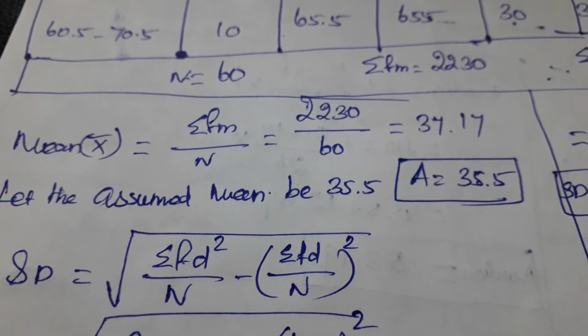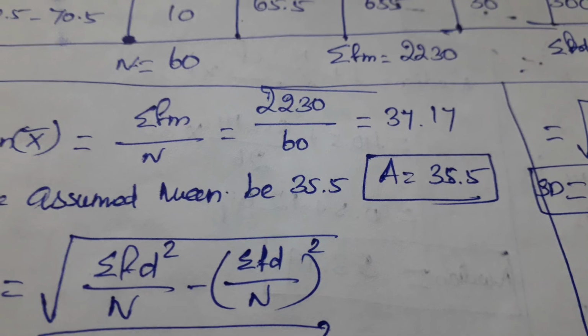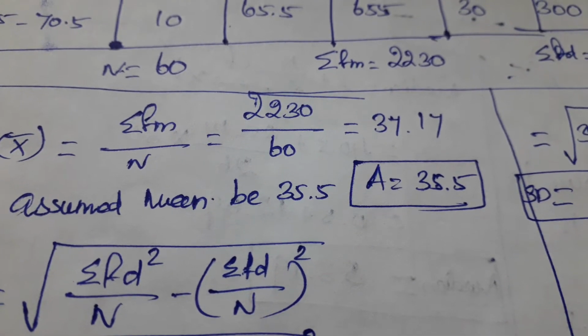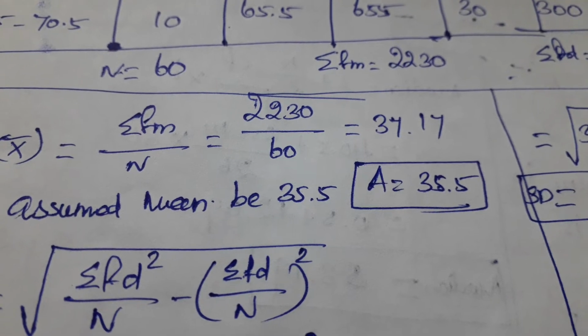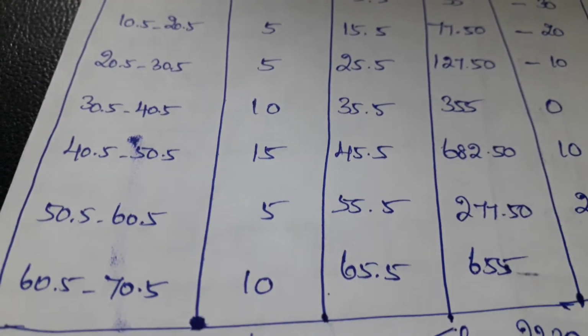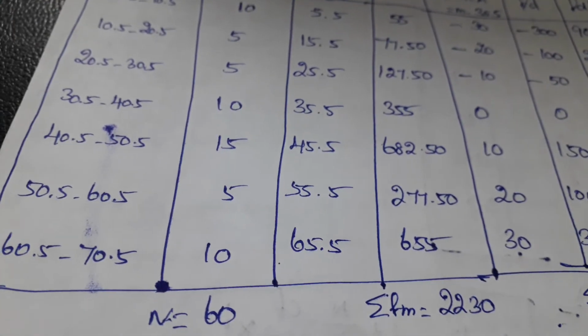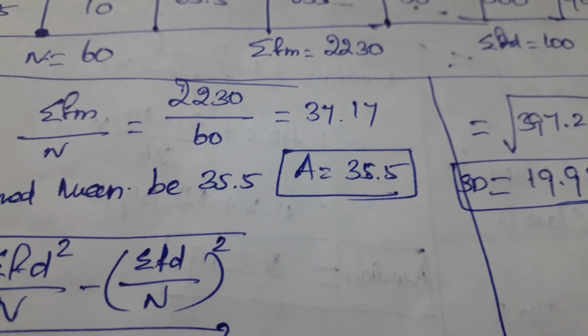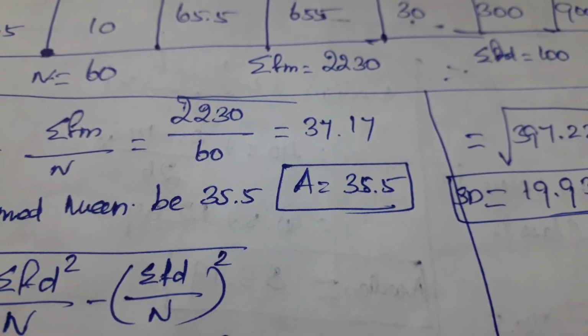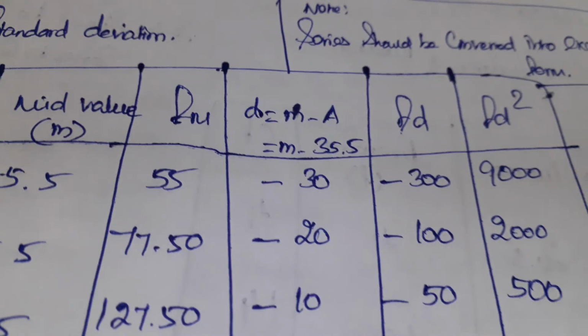So let us take the assumed mean as 35.5. So here are the values now. Here all the values are fractions, so we need to take the mean value as well as the fraction value. So assumed mean A equal to 35.5.